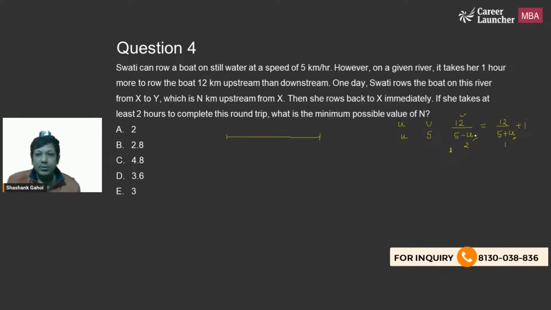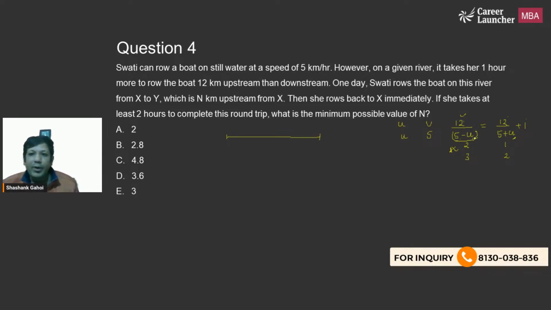That's not possible, right? So let's take 3 and 2. Okay, in that case this is 5 minus u is 3. Oh, I'm sorry, I think I'm making a mistake over here. Okay, so if 12 upon this is 2, it means this value is 6. Okay, so that's not possible.